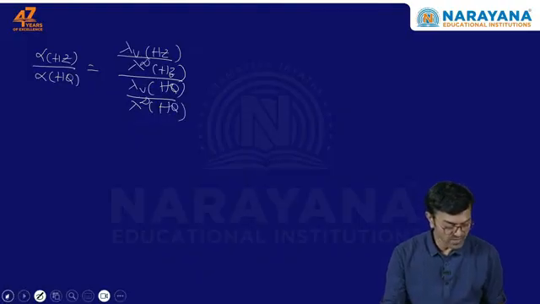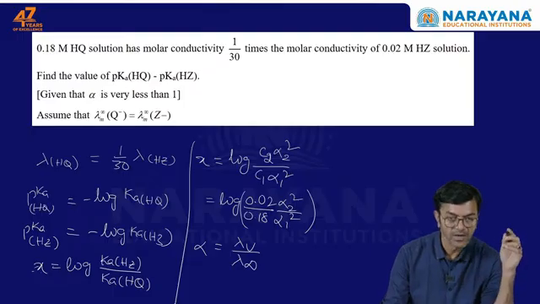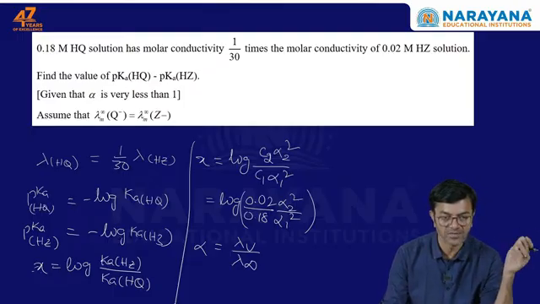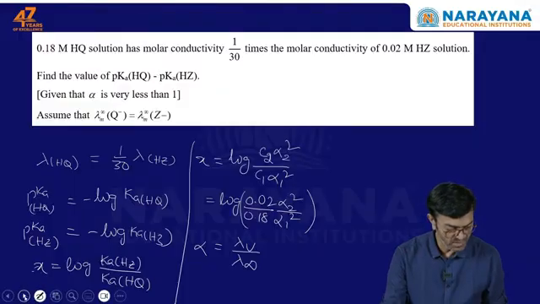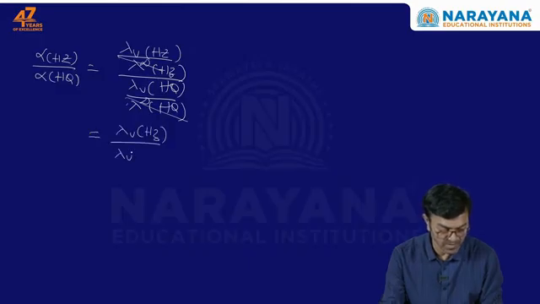In the question, he also mentioned that lambda m at infinite dilution of Q minus is the same as that of Z minus. When you use that, these two terms get cancelled. So we will have lambda m HZ by lambda m HQ.